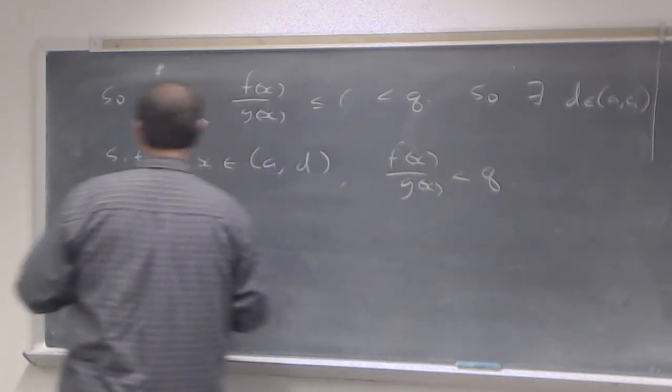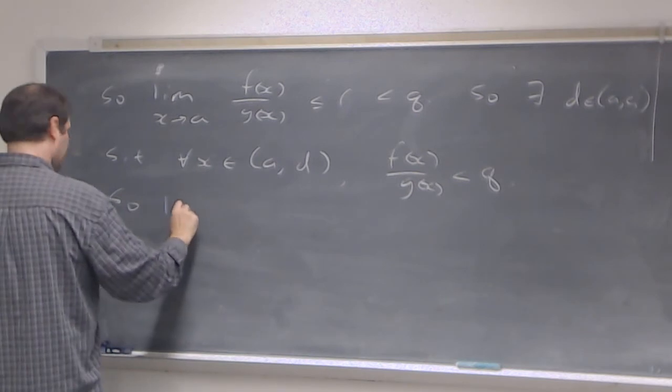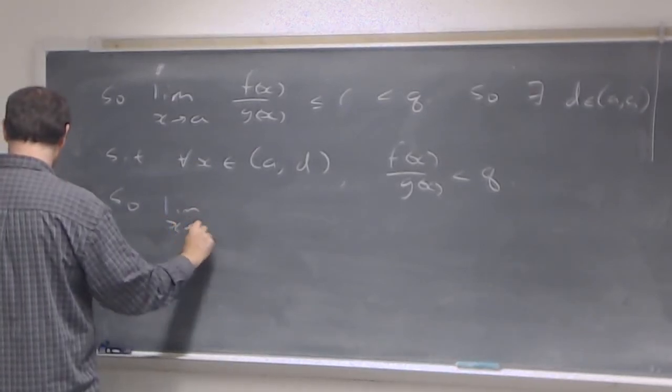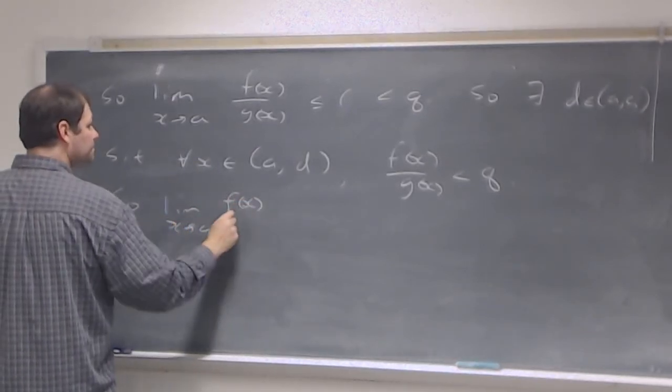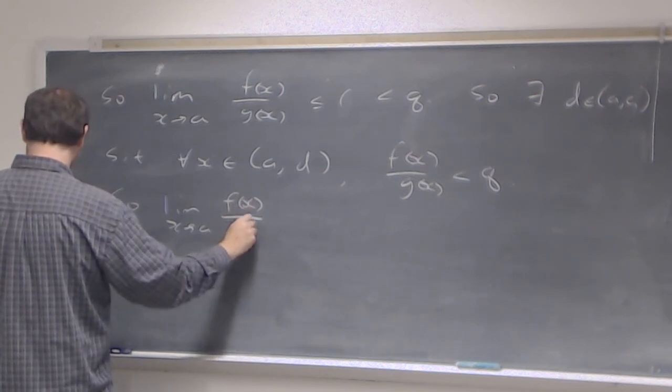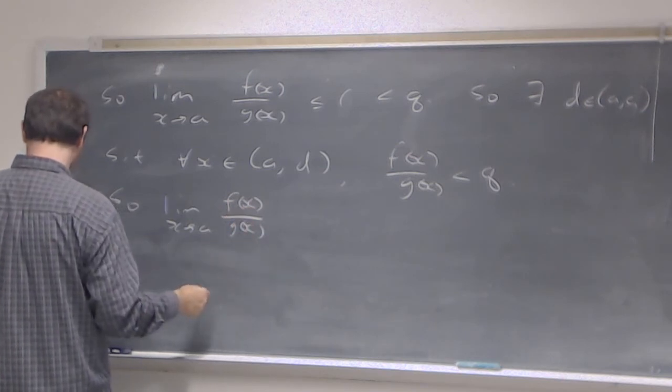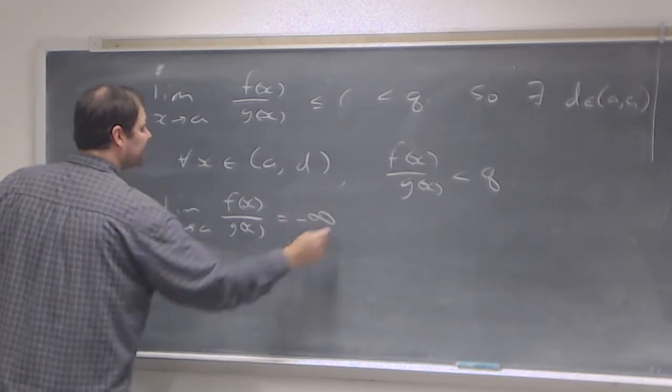And so that says the limit as x goes to a of f of x over g of x is equal to minus infinity.